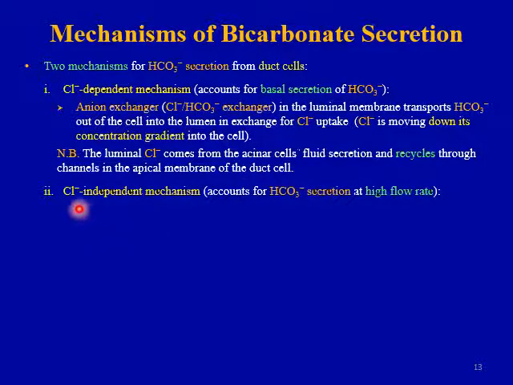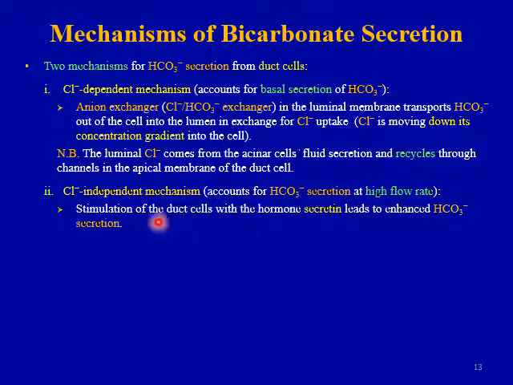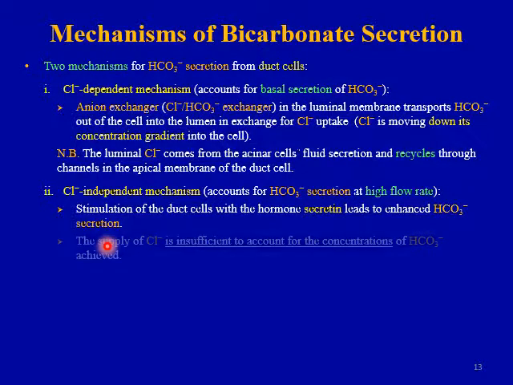And the second mechanism is the chloride independent mechanism. It accounts for bicarbonate secretion when the pancreatic juice flow rate is high. Stimulation of the duct cells with a hormone like secretin leads to enhanced bicarbonate secretion.